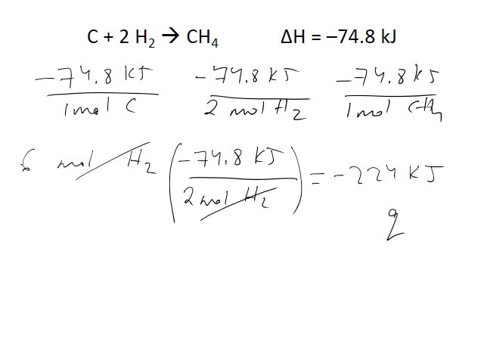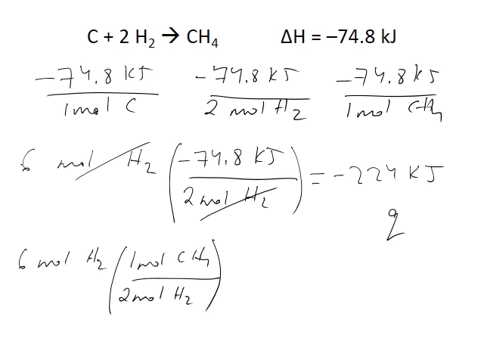We also could have done this with a little bit more stoichiometry. We could have also done 6 moles of hydrogen, converting to methane, saying that there's 1 mole of methane for every 2 moles of hydrogen. And then we could have used actually any of the other relationships.